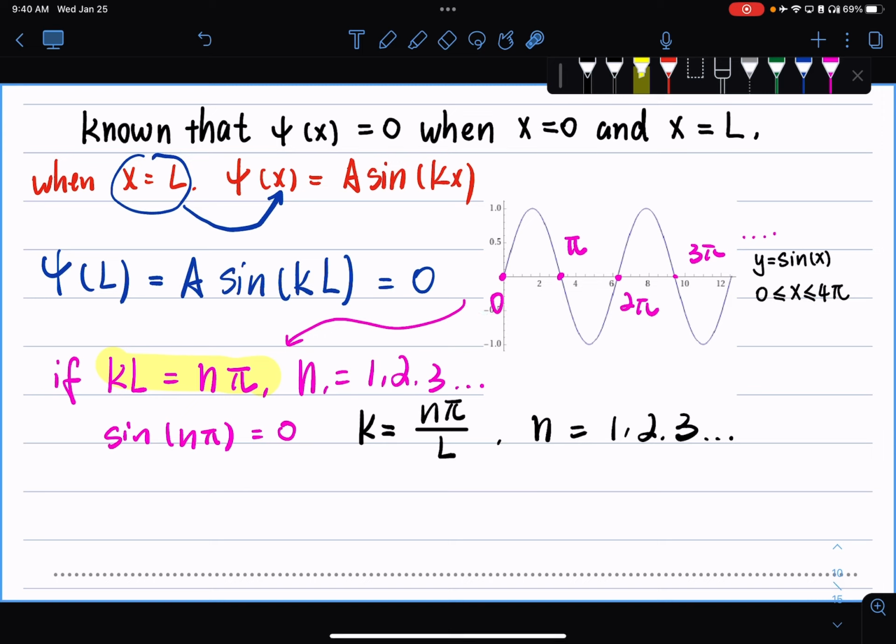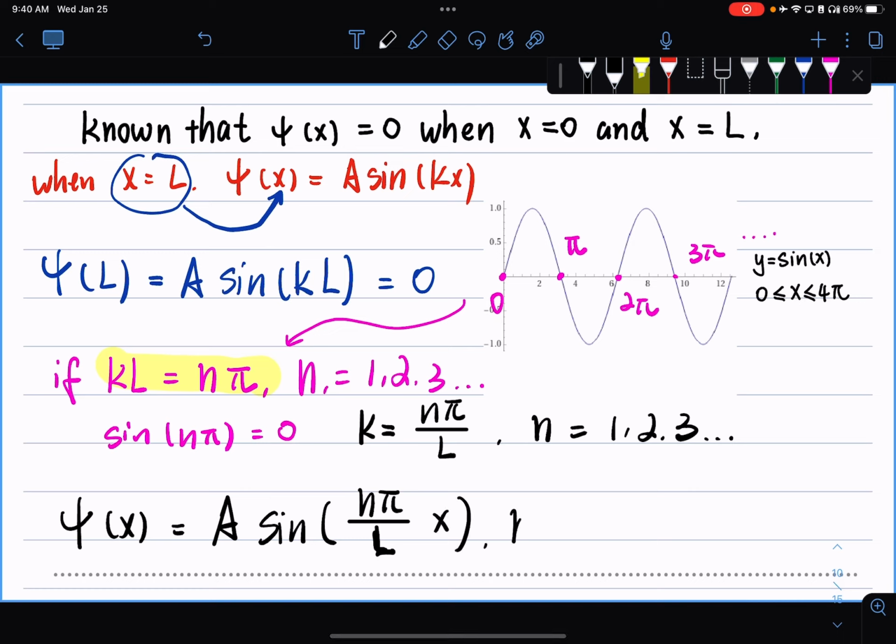So from there, we deduce that k equals n pi divided by L. Plugging in that k, we now have phi(x) equals A sine(n pi over L times x), where n equals 1, 2, 3, etc.